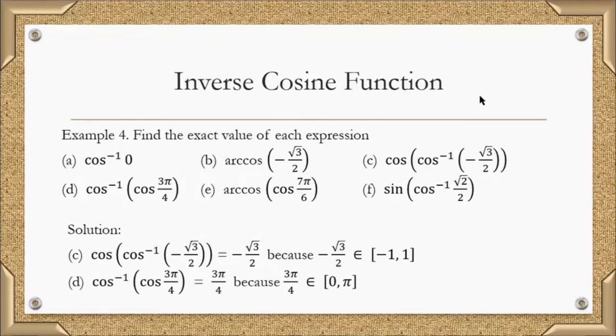Next, letter D. Okay, so the arc cosine of cosine 3 pi over 4. So pag kinuha natin ang value ng cosine 3 pi over 4, convert muna natin. Ang 3 pi over 4 sa degree ay 135. Sa degree, kinonvert ko lang. So cosine 135, kapag naka-degree mode.